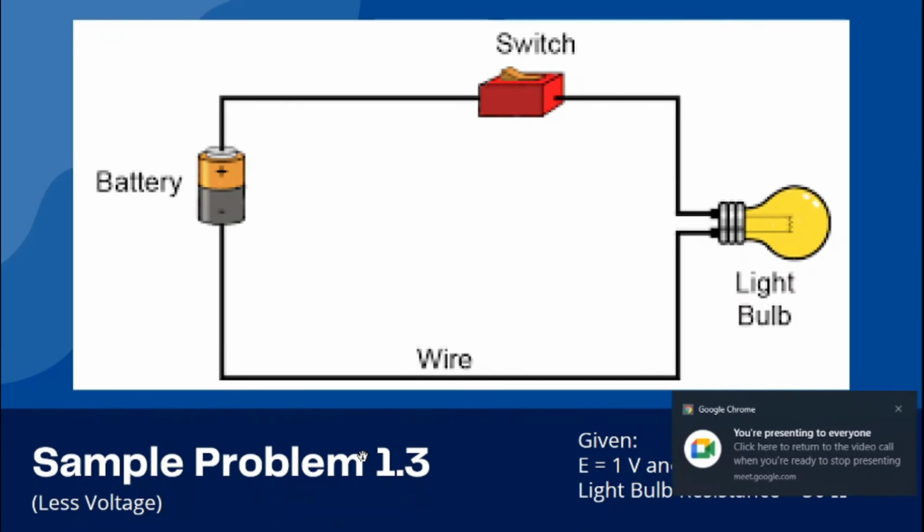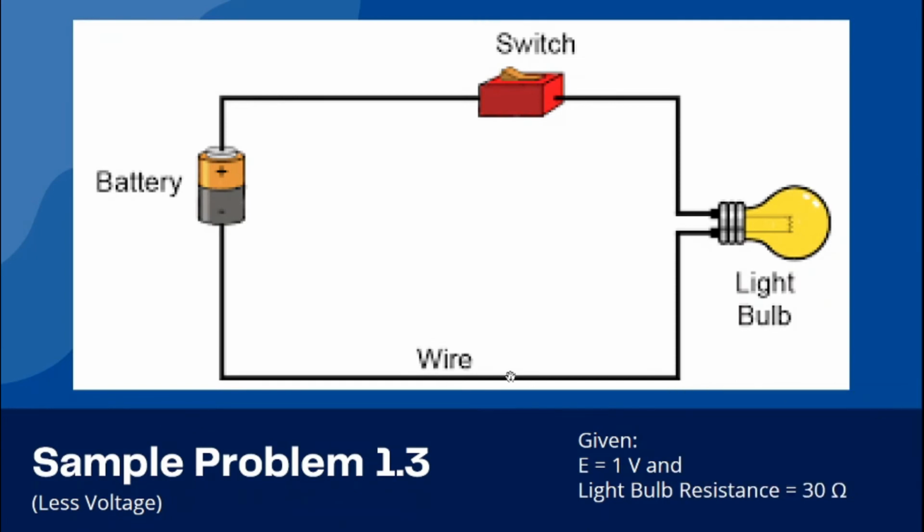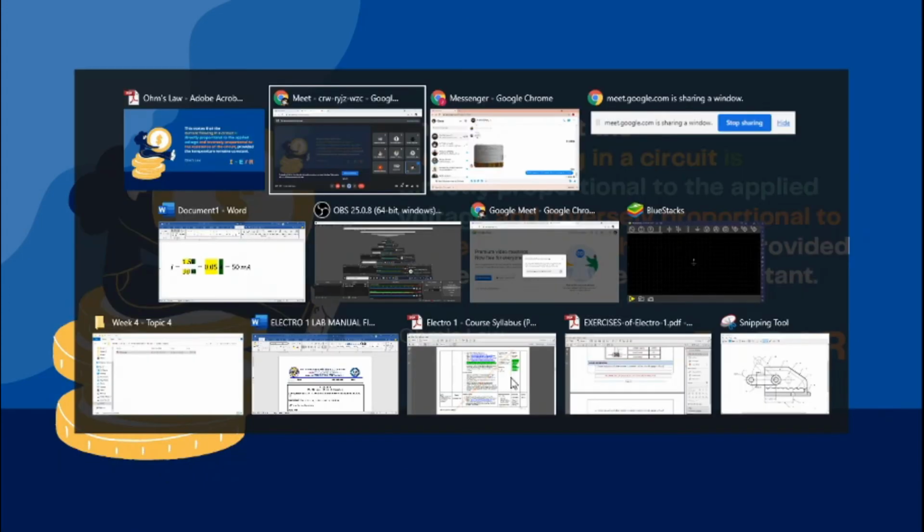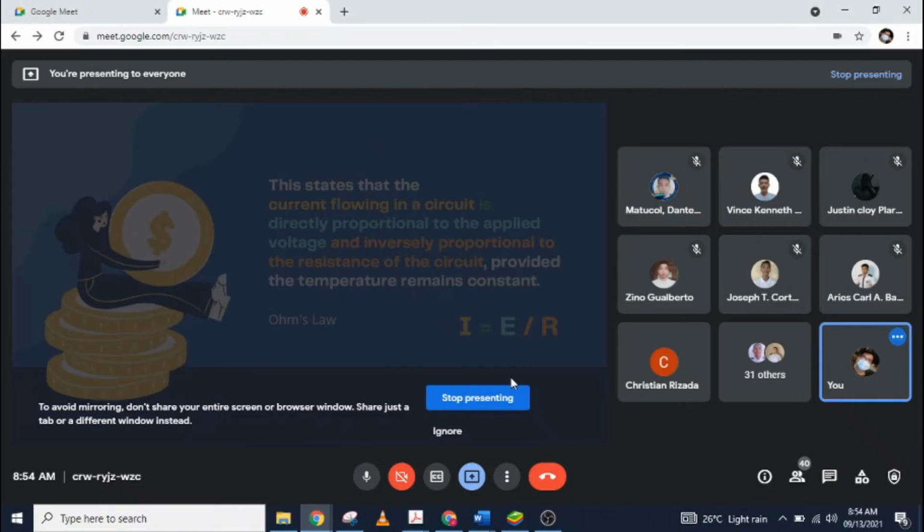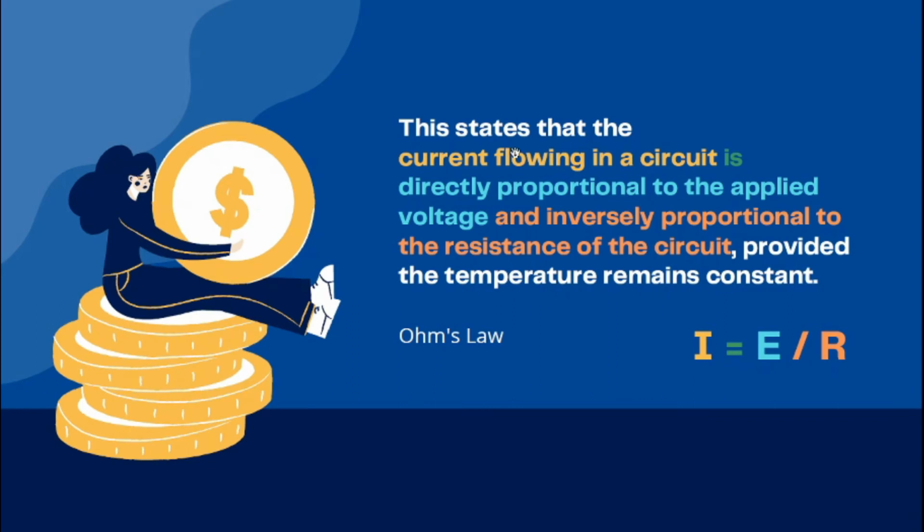Now, if we go back, class, balikan natin yung first natin na slide kanina about Ohm's law. Okay? Dito tayo nagsimula. Sabi dito, states that the current flowing in a circuit is directly proportional to the applied voltage.